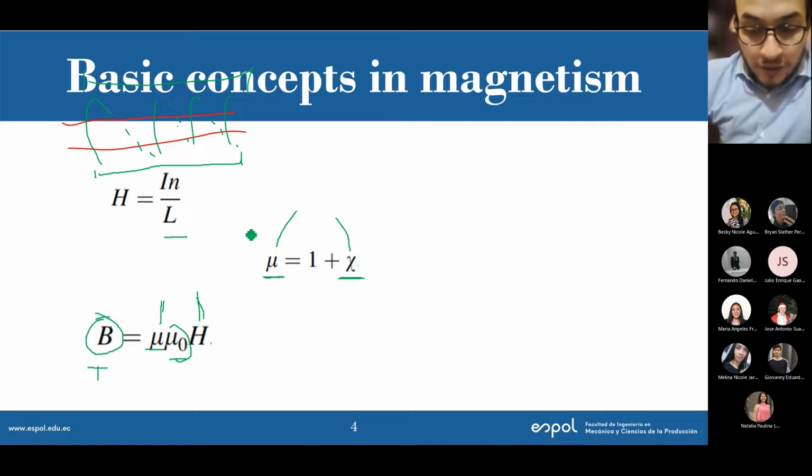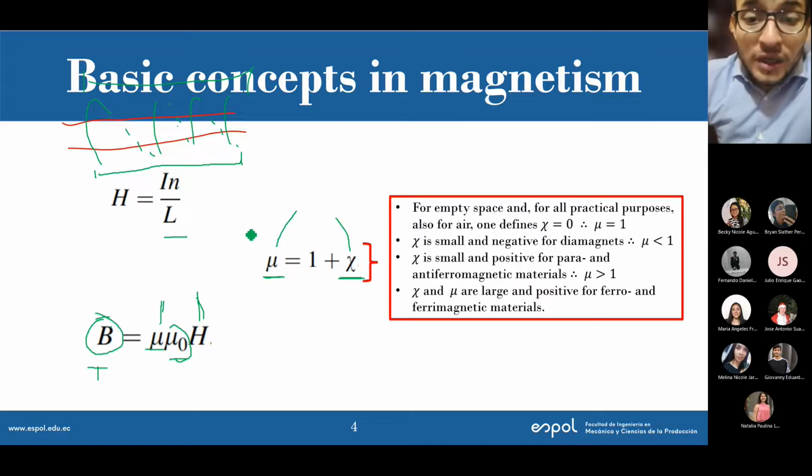Now, if we look at this equation, we have different cases. When we are in empty space, and in general, for most practical purposes, even for air, susceptibility equals 0, and therefore permeability equals 1. Now, what happens if I have diamagnetic materials? When I have diamagnetic materials, usually chi is very small and negative.